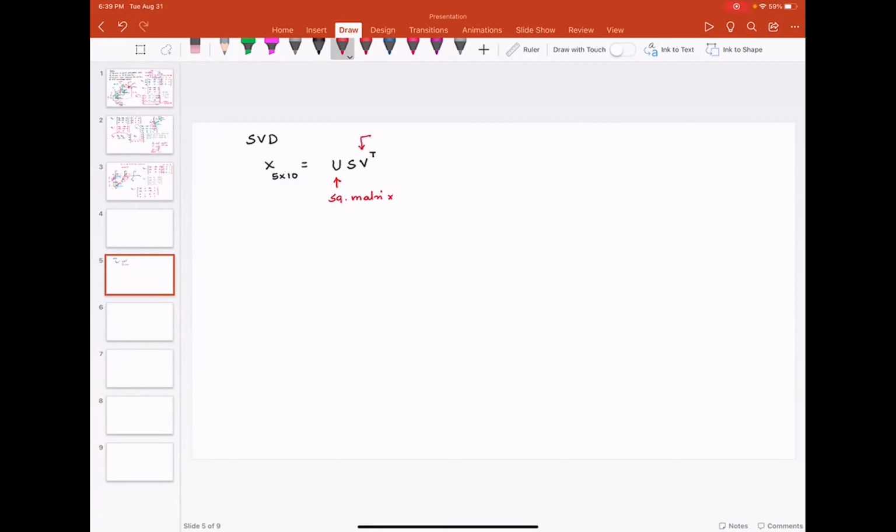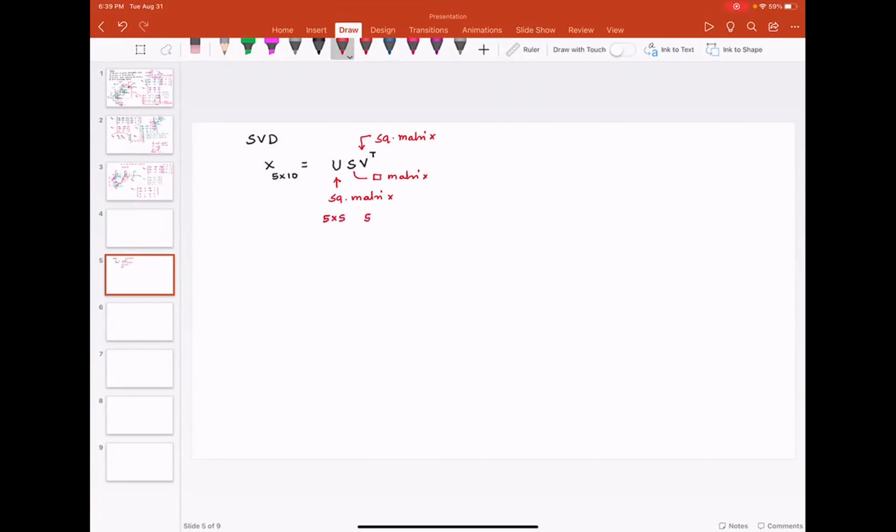This is a square matrix. And this is actually a rectangular matrix. So this U is going to be 5 by 5.